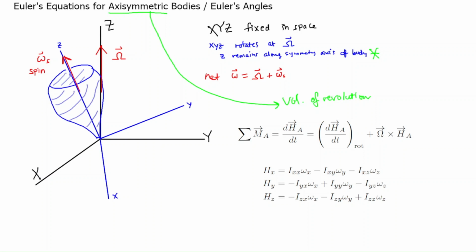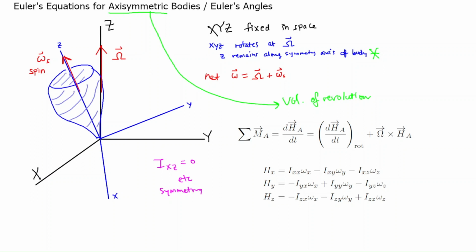We've talked about these before if you've seen some other videos, but they're a little different than what you might encounter in 2 dimensions. And they in general involve our products of inertia. But due to the symmetry here, the products of inertia are going to be equal to 0, in particular the axial symmetry.